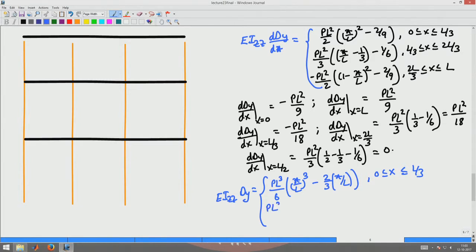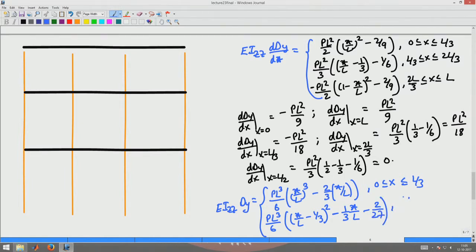Then PL cube by 6 into ((x by L minus 1 by 3) the whole square minus 1 by 3 into x by L minus 2 by 27). Okay. This is for L by 3 less than x less than or equal to 2L by 3.